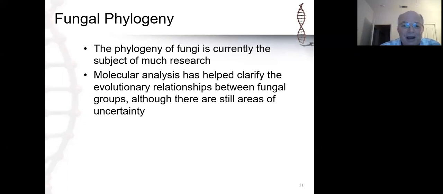Where we're at right now in terms of the phylogenetic tree as presented in the textbook is a major reorganization. As I mentioned at the beginning of this presentation, it's a major reorganization of the kingdom, but it seems to be one that most mycologists are clustering around. There seems to be a consensus that this is where the phylogenetic tree should go.